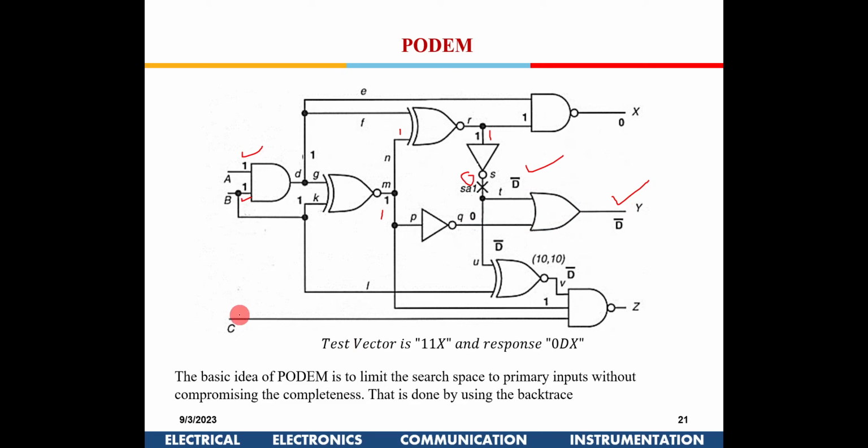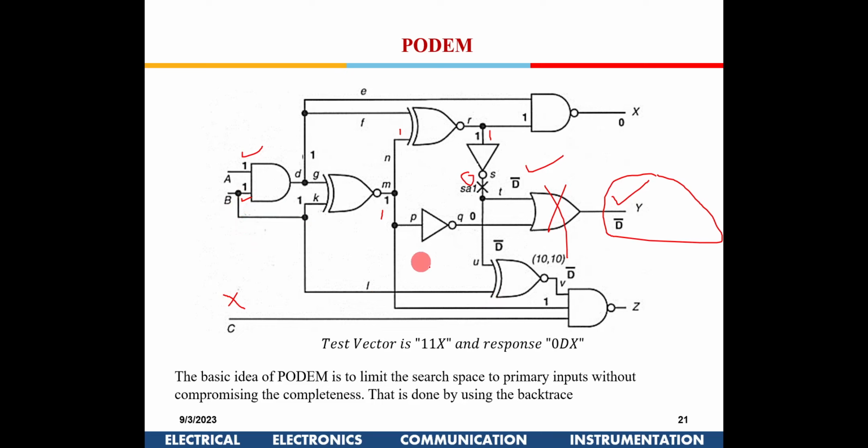I don't have to bother about what C is and things like that. Sometimes, suppose this gate is not there. In that case, probably I need to propagate here, and then there is a requirement of a 0 out here, whereas I have initially assigned 1.